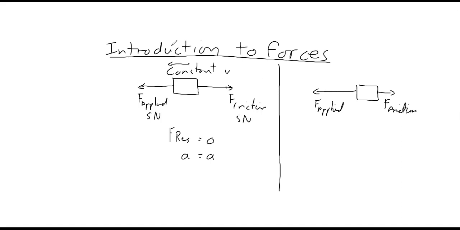So how do we do the writing of this? Well, we know, first thing, the resultant force is equal to the sum of forces around my object. But I also know that my resultant force is equal to mass times acceleration.